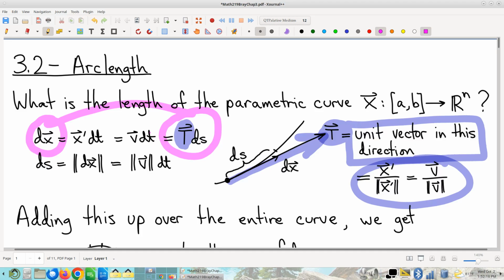So I think a pretty reasonable take is, why is dx equal to t ds? Well, because this is literally saying direction and magnitude, all immediately evident right there in the picture. So that's my preferred way of thinking about it. I find it more intuitively satisfying. Everybody's different. Whichever one you like, go for it.